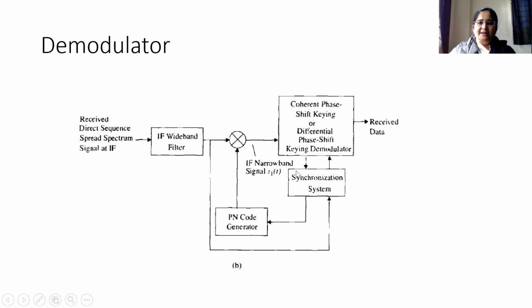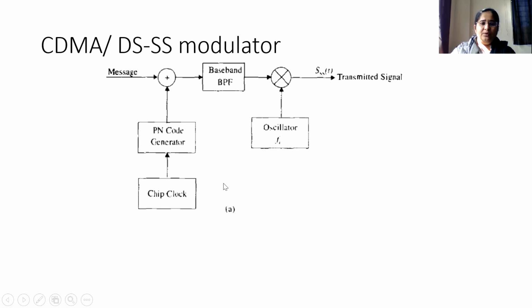This is the demodulator of whichever scheme we have adopted. After demodulation, at the receiver side, you will get your received data. The important thing is that the PN generator system must be synchronized with your transmitter so that you will despread it properly.